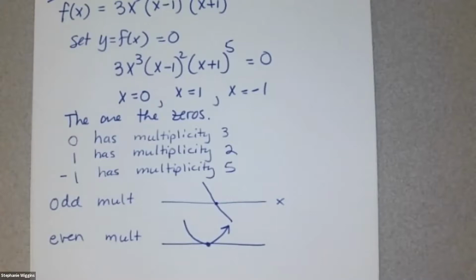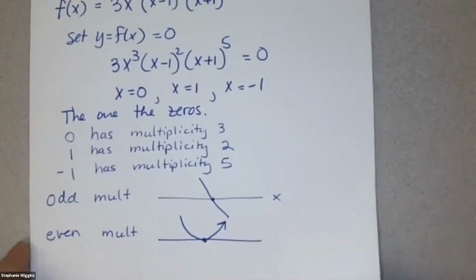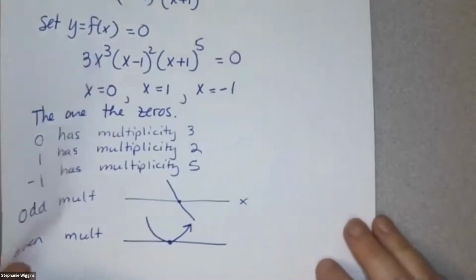Let's see what else. I want to make sure I cover everything on my list. So with rational functions, in my last class, I talked about how to find horizontal asymptotes and vertical asymptotes. To find vertical asymptotes, you set the denominator equal to 0 and solve.